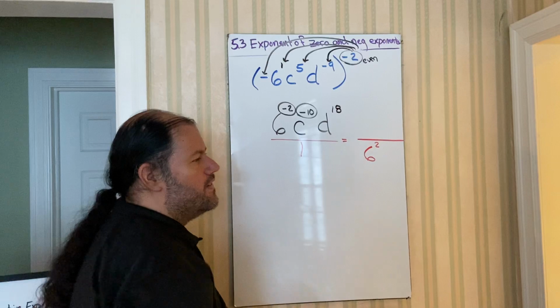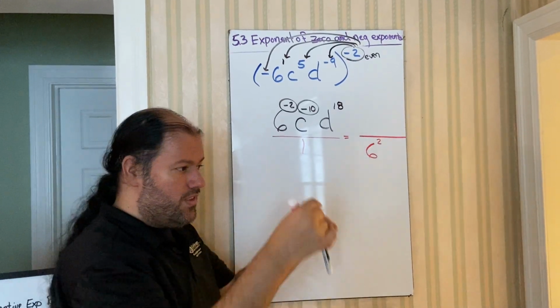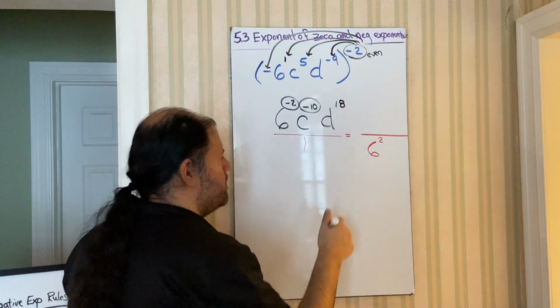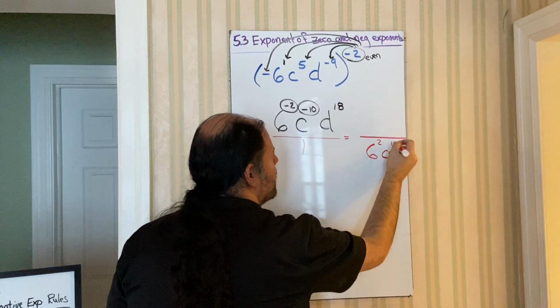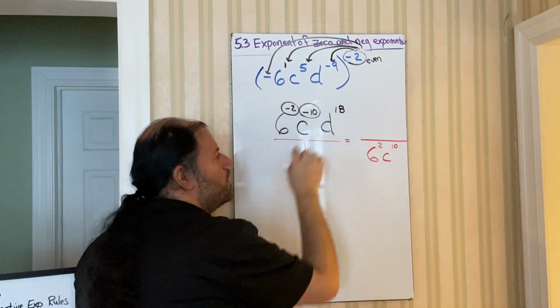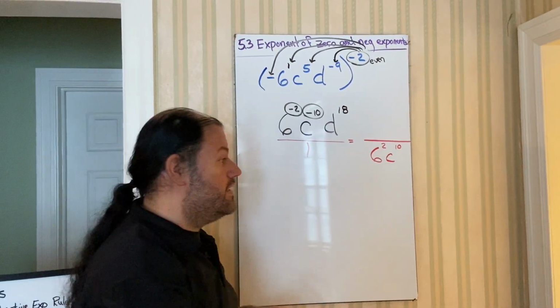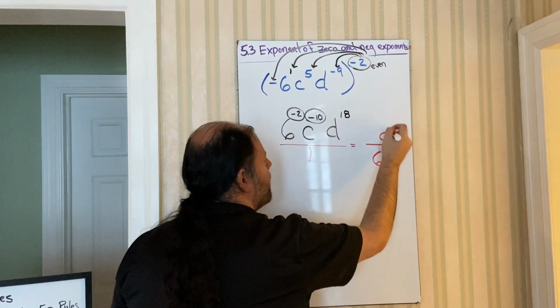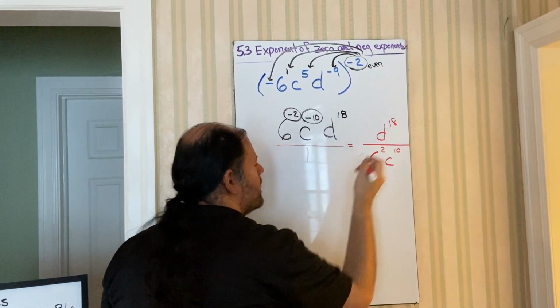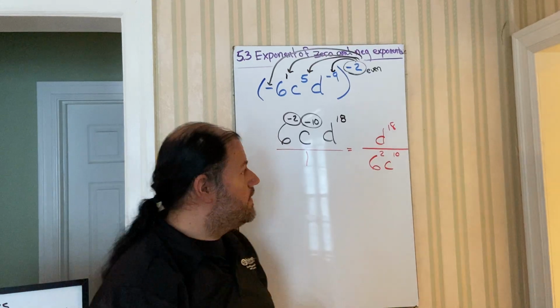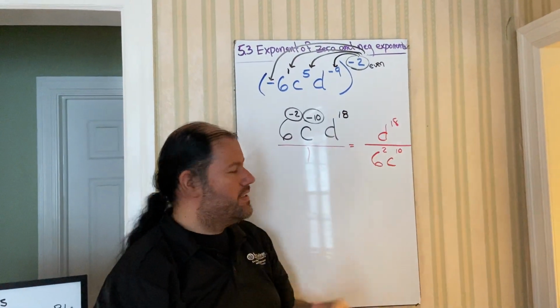This C, found on top, but was circled, so it needs to move. Switch the position, bring it down. And this wasn't circled, so it stays on top. Okay.